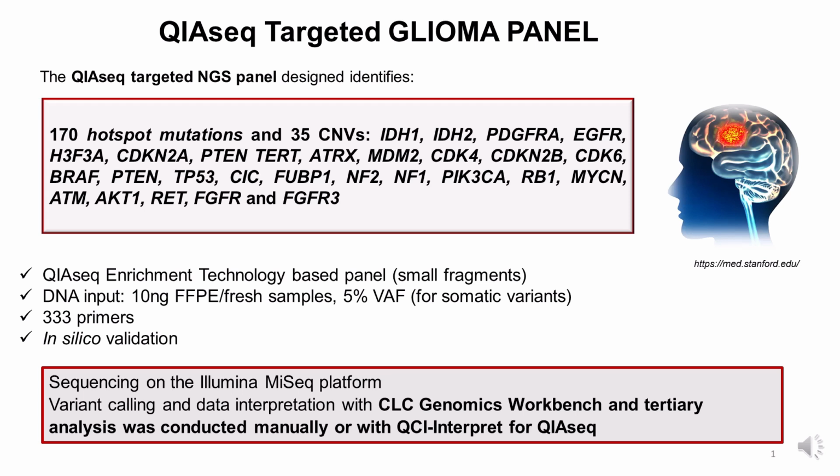The panel is composed of 333 primers, and we performed an in silico validation. Sequencing was performed on the Illumina MiSeq platform, then variant calling and data interpretation were performed using the CLC Genomics Workbench, while the tertiary analysis was conducted manually or with the QCI interpreter.